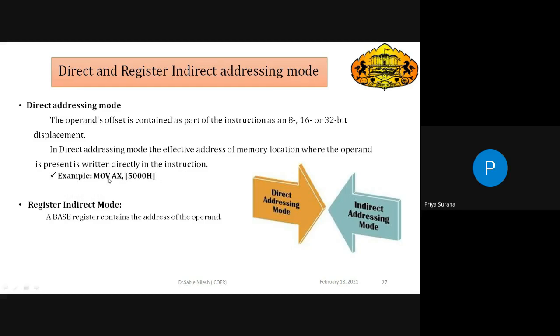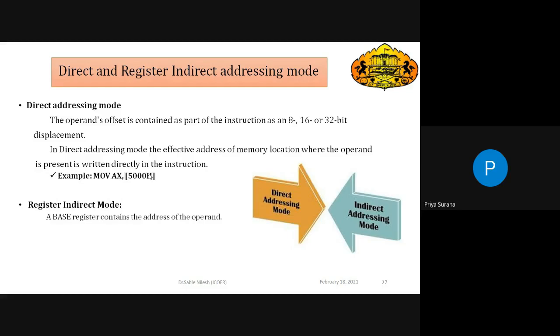MOV AX, and whenever a square bracket is given, it is a memory location. So data for this instruction will be used from the memory location which is given in the square bracket. This will act as a memory location. So data will be accessed from this memory location, and it is nothing but direct addressing mode.